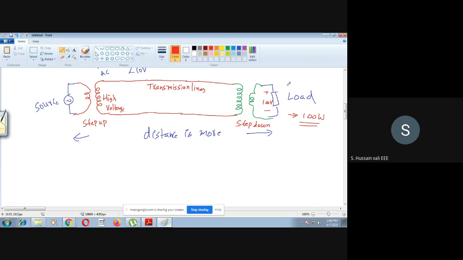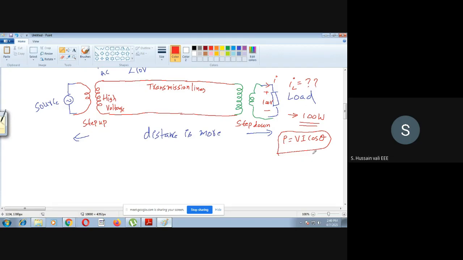Approximate current. What is the I value here in the load? So in case of AC, you have this equation P is equal to VI cos theta.